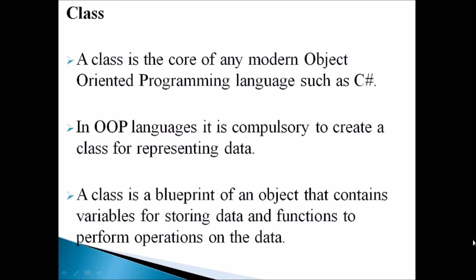What are variables going to do? Variables may have the data within them. Actually, variables are simply the names which can store the data which we are going to use within the source code. And functions can also be called as methods, where we are going to include the statements to perform some operations. So a class will contain variables and functions, and these classes are called blueprints of an object.